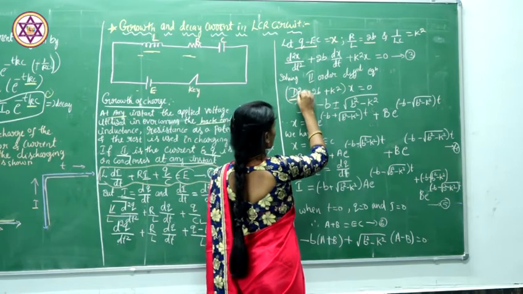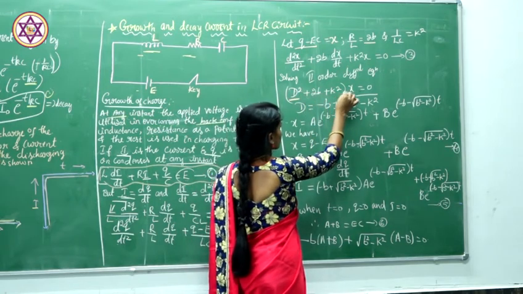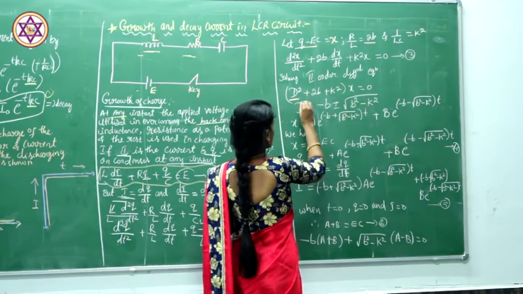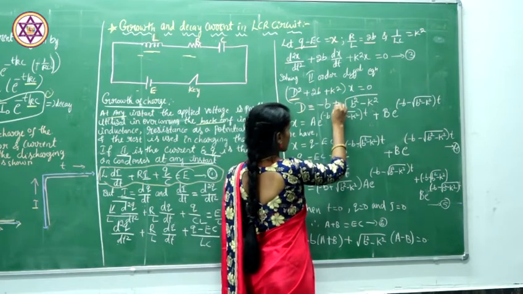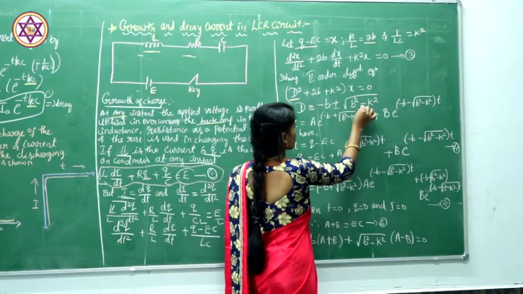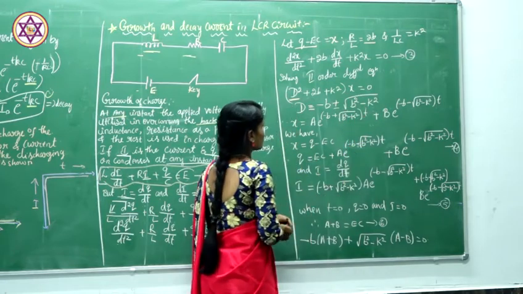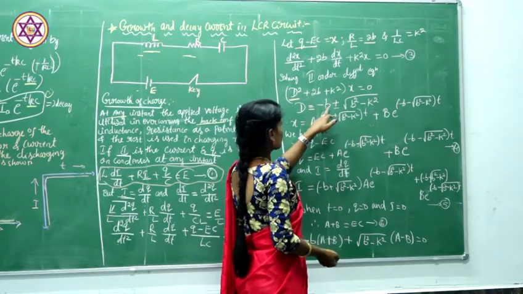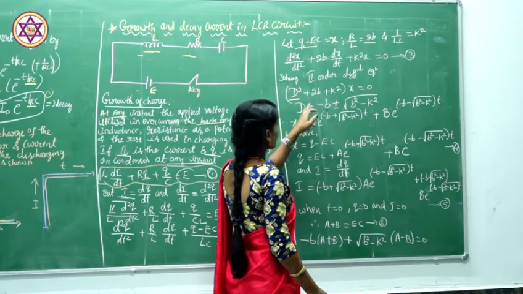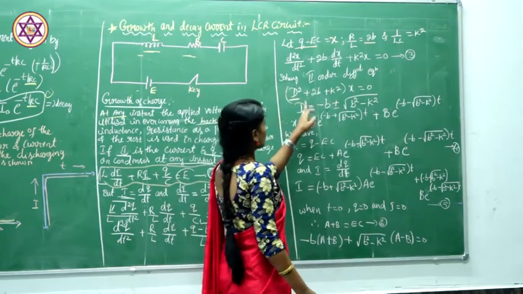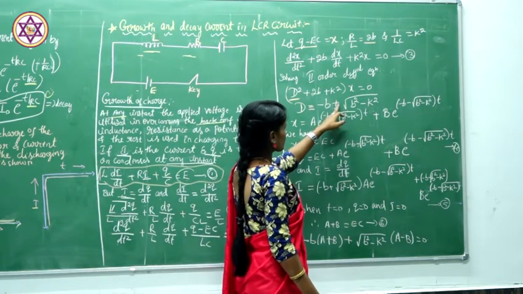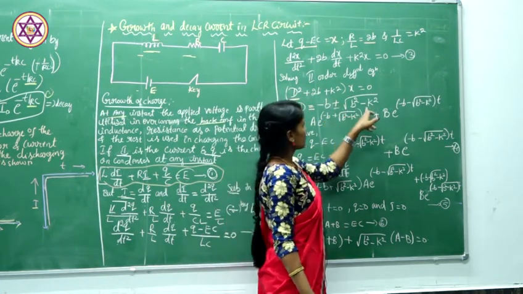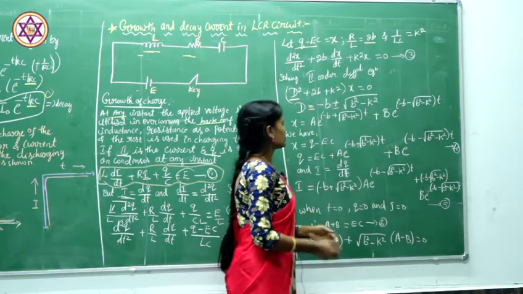In this form, D is equal to minus b plus or minus the root of b² minus k². The solution for this equation is D = −b ± √(b² − k²).